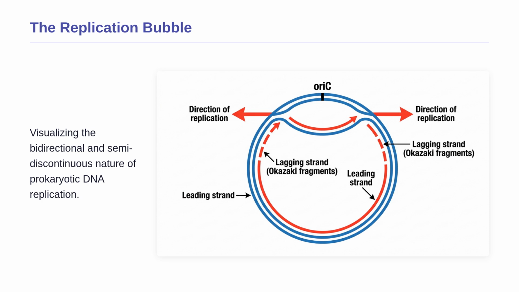This perfectly illustrates the bidirectional nature of the process. At each fork, look at the newly synthesized red DNA. One strand, the leading strand, is built continuously. The other, the lagging strand, is built in those short Okazaki fragments we mentioned. This single image captures the semi-conservative, bidirectional, and semi-discontinuous mechanics of the bacterial copying factory.